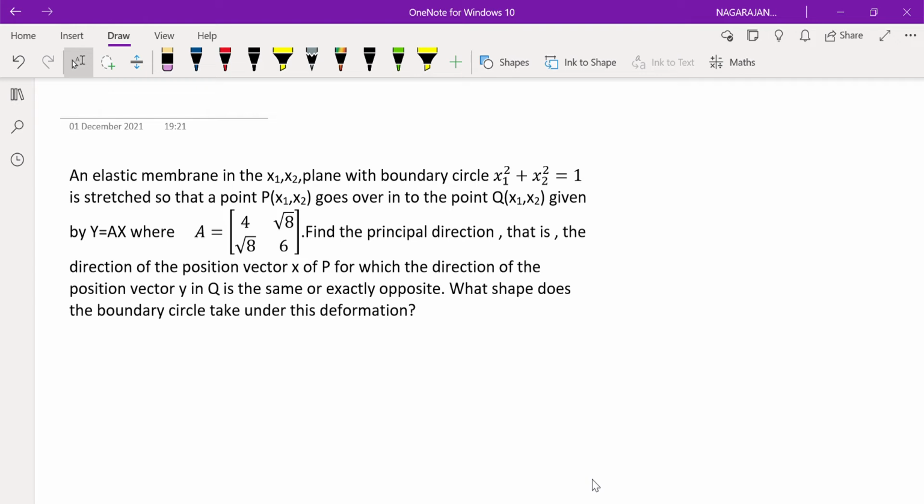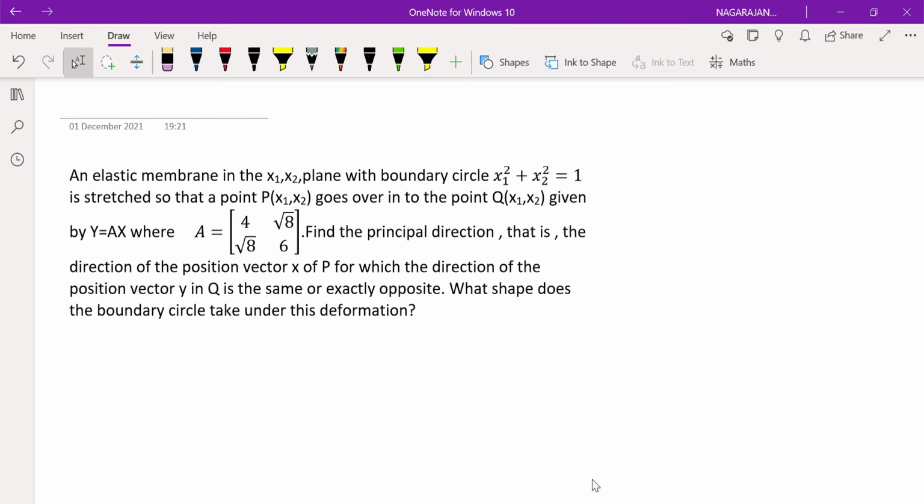So today we are going to see the application of eigenvalue problems in stretching of an elastic membrane. In the previous part we explained what an eigenvalue is.